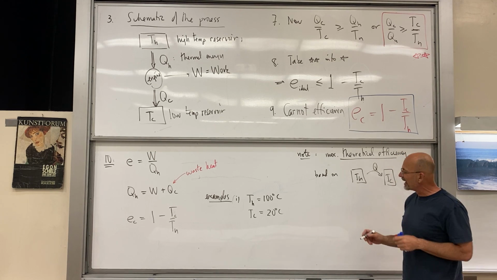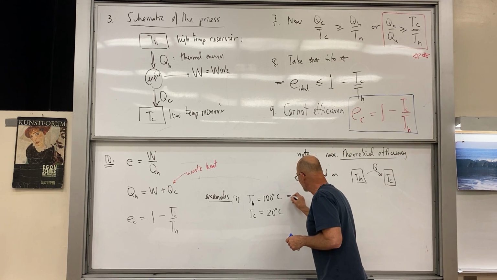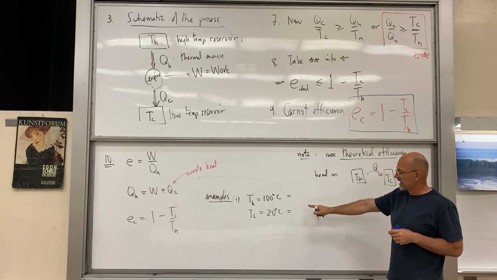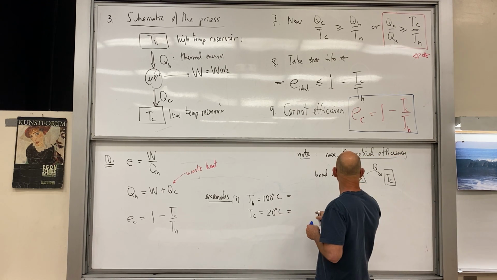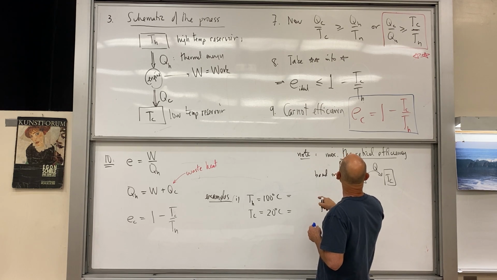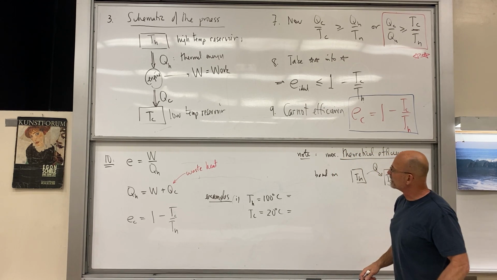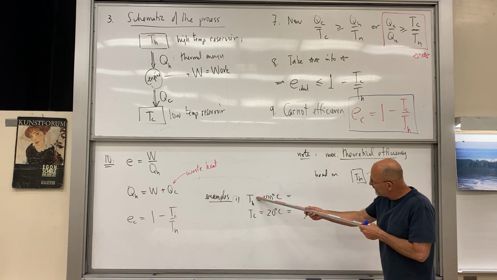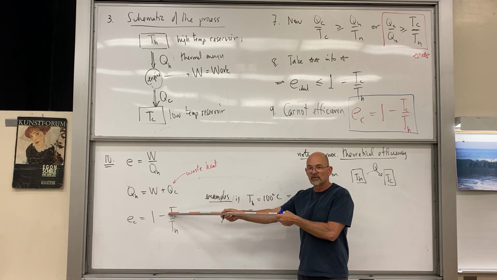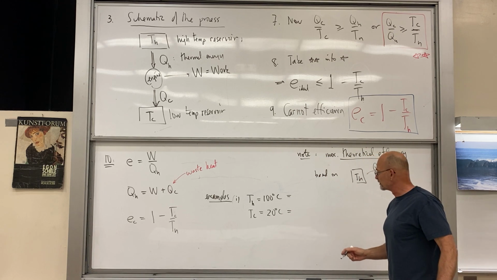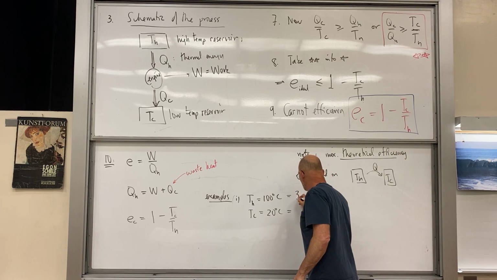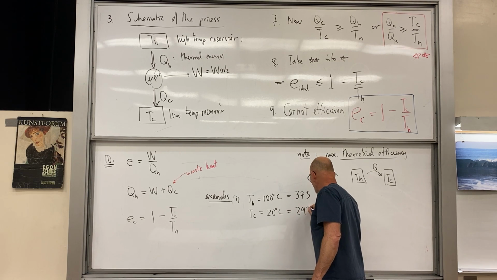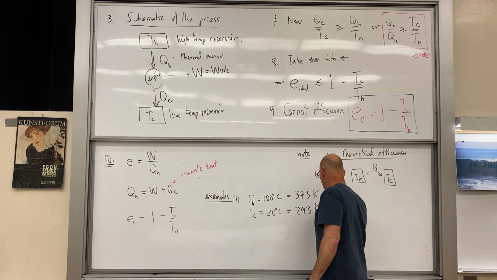The first thing you have to do is convert both of these to Kelvin. I mentioned it once, but I'm definitely mentioning it now. You're not allowed to use these Celsius temperatures in this formula. So we have to convert to Kelvin, and this would be 373, and this would be 293 Kelvin.